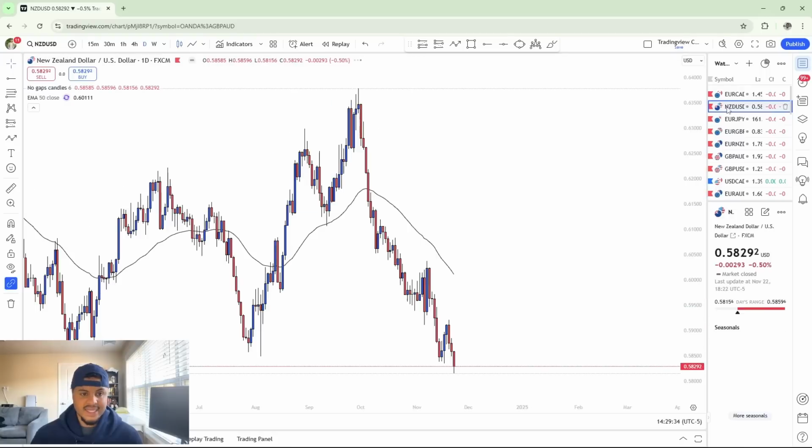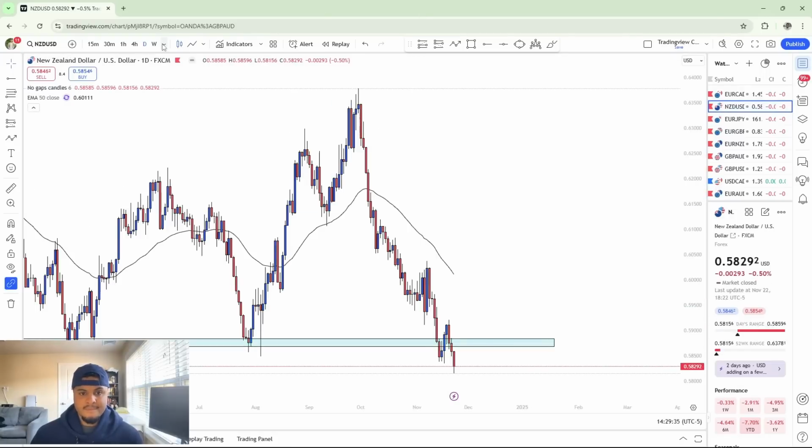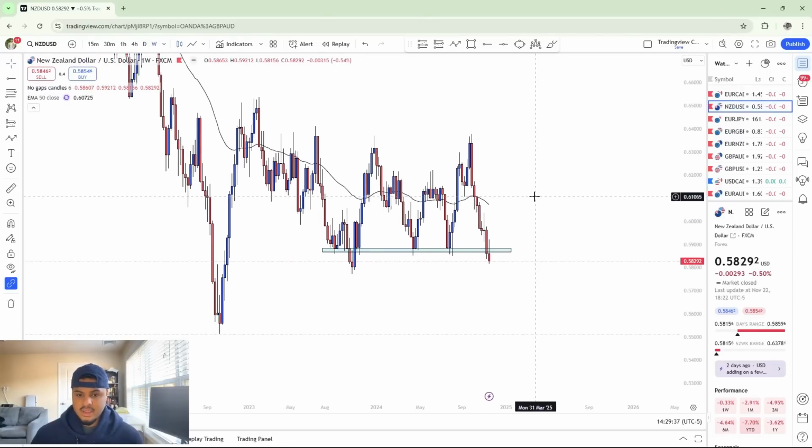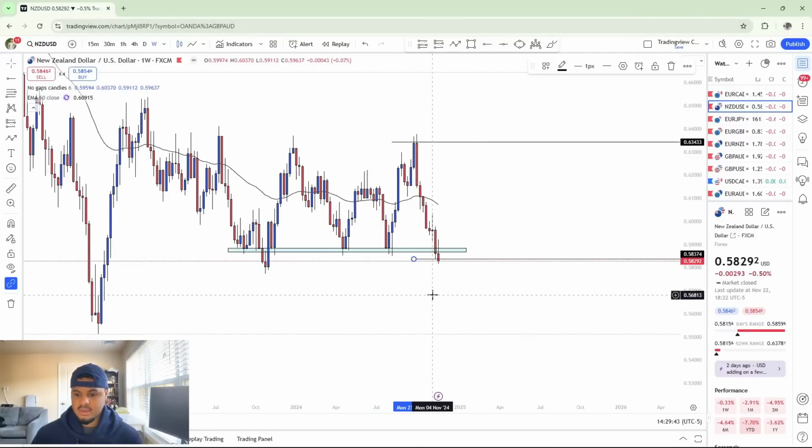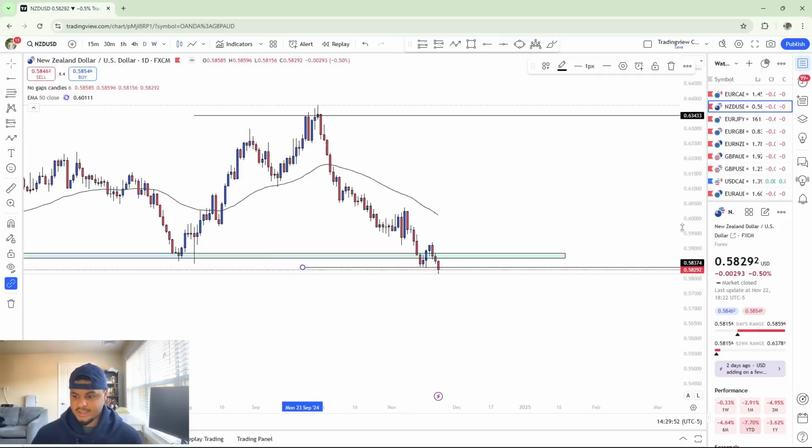But let's move on to NZD USD. Here we see that price is bearish. Broke under this strong area of interest where price pushed up, pushed up, pushed up. Daily is bearish as well.